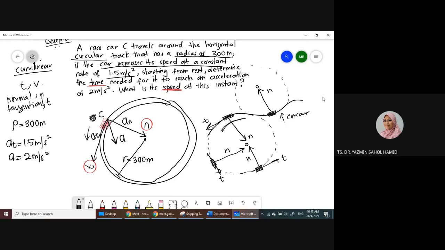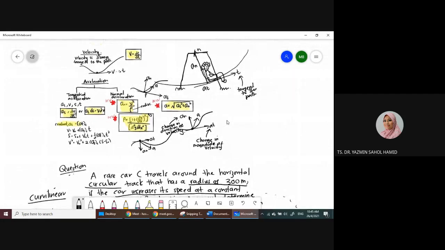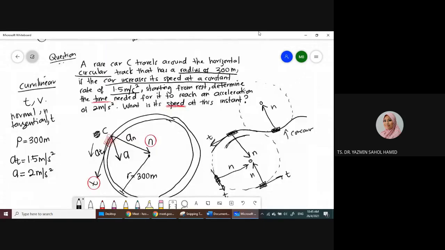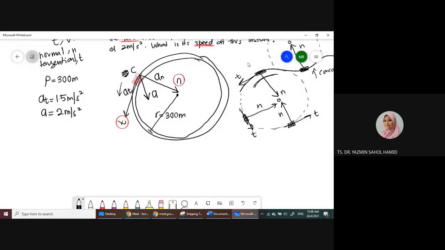Now let's look back at the formula above here. Which formula has time? Which formula you want to use? Constant acceleration. Now, if you look at the constant acceleration, let's use the first formula. V equals V naught plus AT times t.